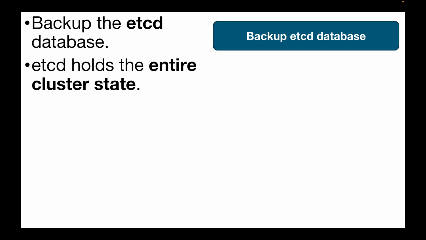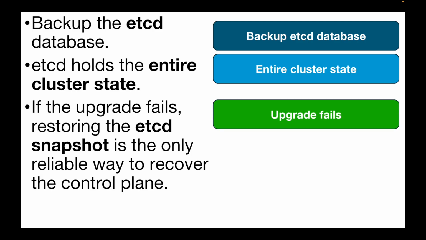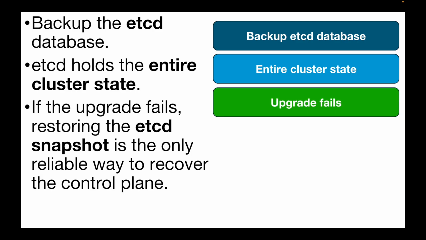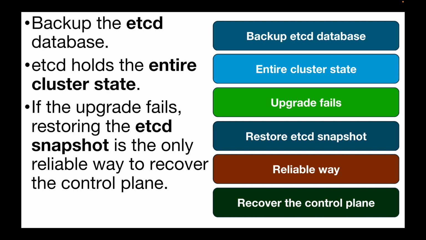So etcd holds your entire cluster state. And if the upgrade fails for any reason, then you can simply restore the etcd snapshot, and that's the only reliable way to recover the control plane in case something goes wrong. So always take a backup of your etcd before you start your upgrade process.